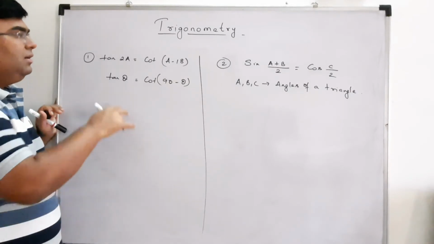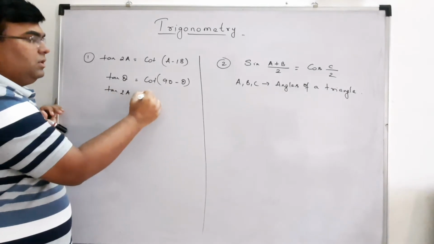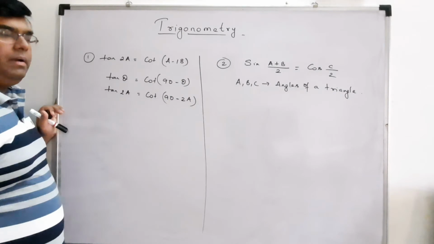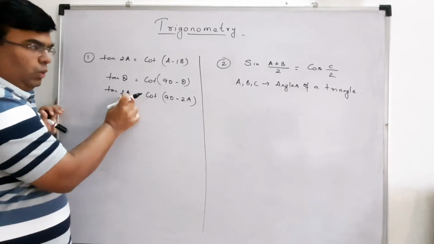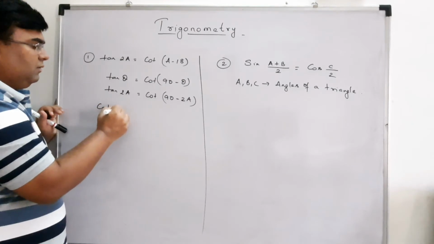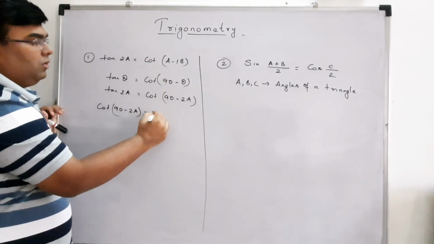So we can write tan 2a is equal to cot of 90 minus 2a. My theta is 2a.